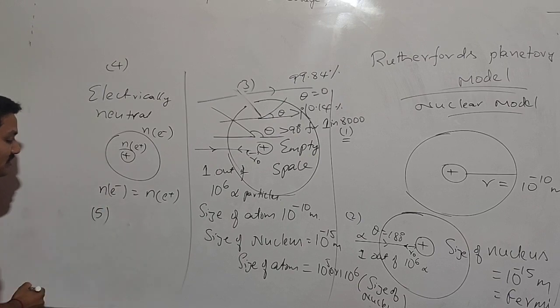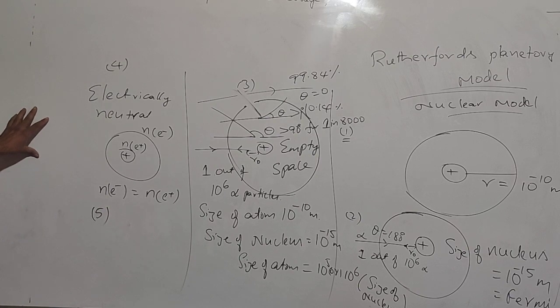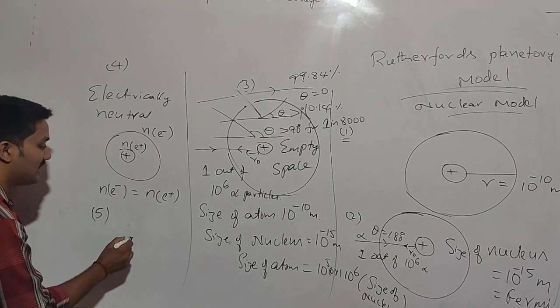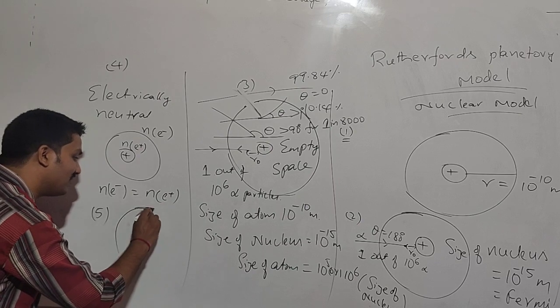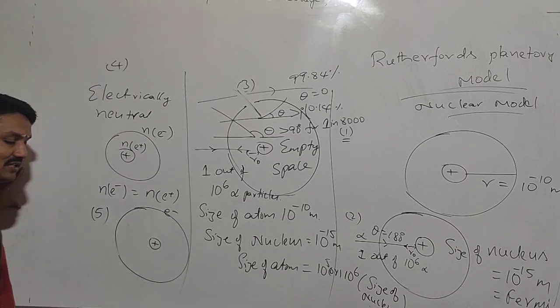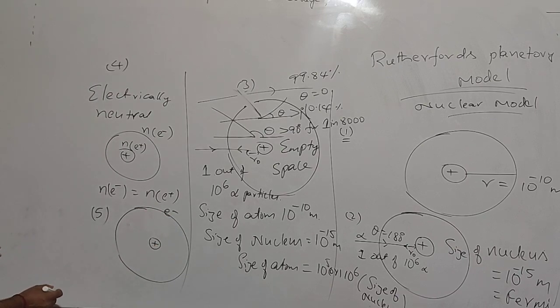Next, the fifth postulate: the electrons revolve around the nucleus.